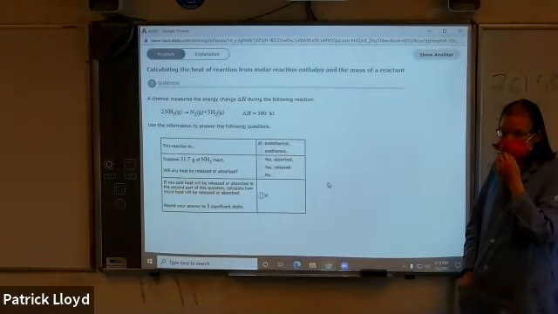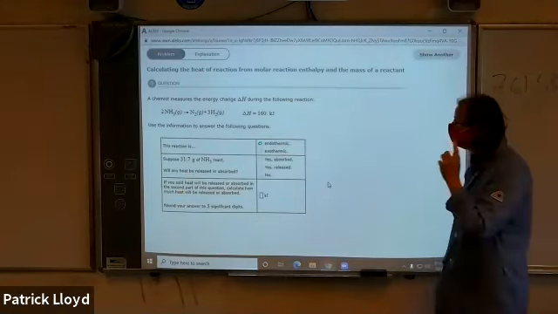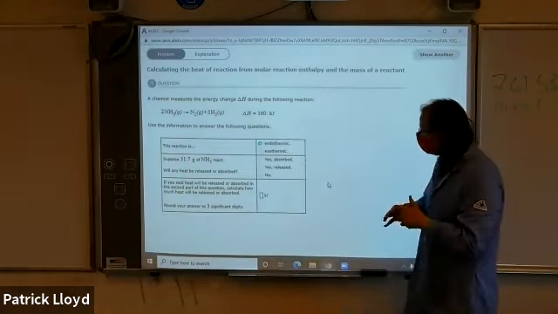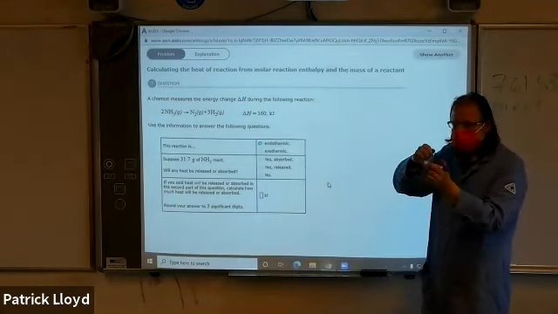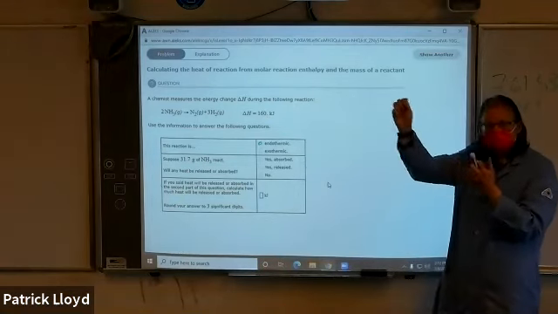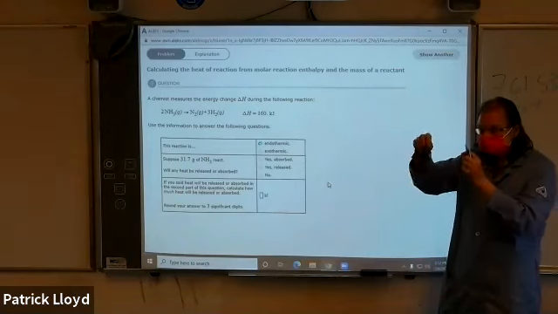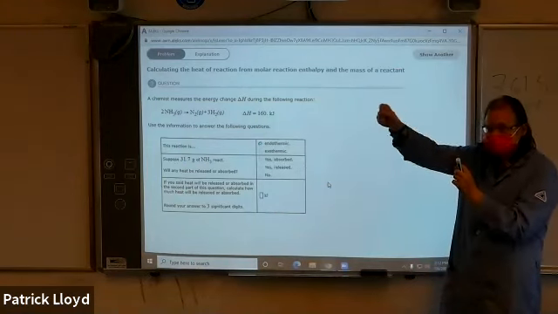What determines it is the sign of delta H. Think of it this way. If you strike a match, that's exothermic. It produces heat. If you have 2 matches, it's still going to be exothermic. Doesn't matter how many matches you have. The chemistry is what's determining whether it's endo or exothermic.